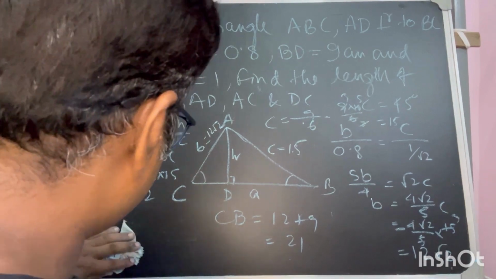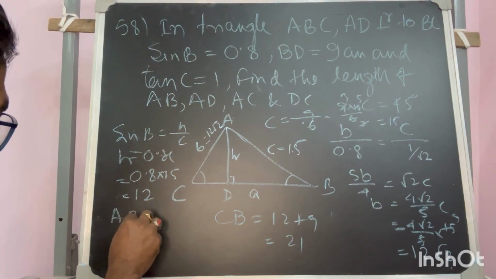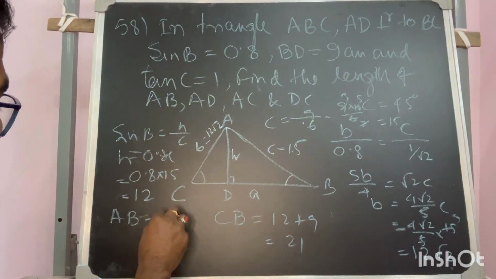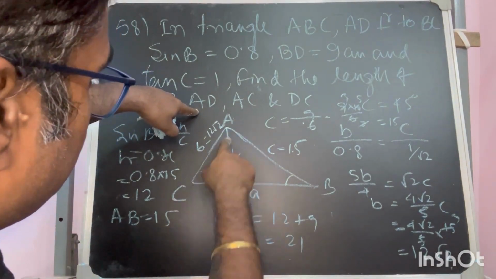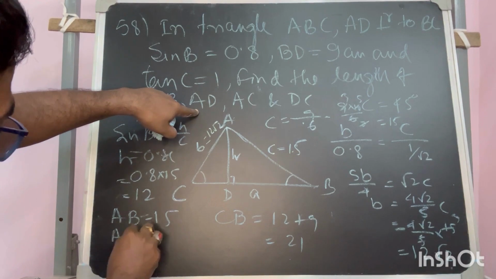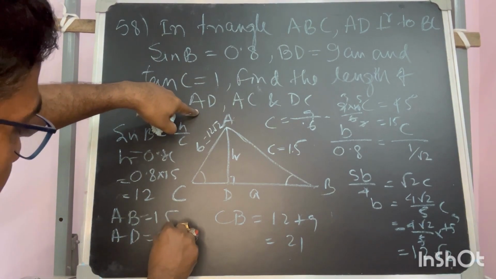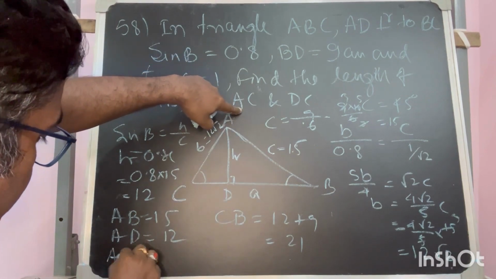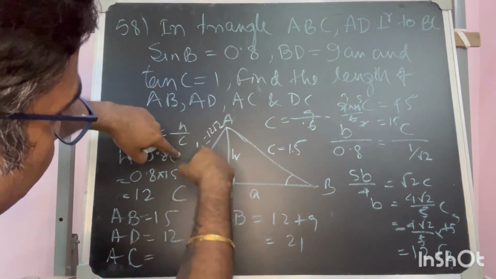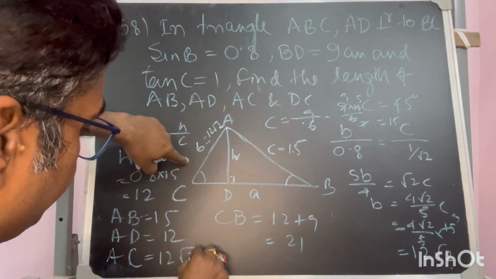So ultimately you can conclude AB is equal to 15. AD, this one, H, I have calculated already, 12. AC is the side B, equal to 12 root 2.